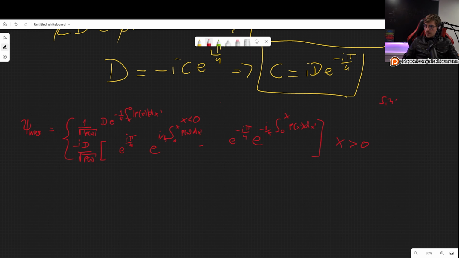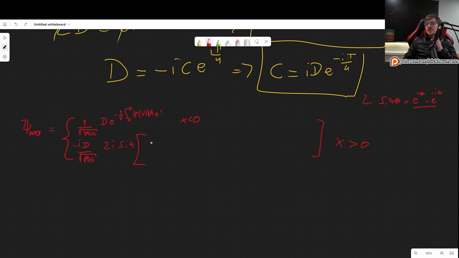Because sine of theta is e to the i theta minus e to the minus i theta divided by 2i. We only have the exponents, so what we have is 2i times sine. So this thing here, whoops, I didn't mean to erase the x smaller than 0. So what we have there is 2i times the sine of, and then we have what was inside.